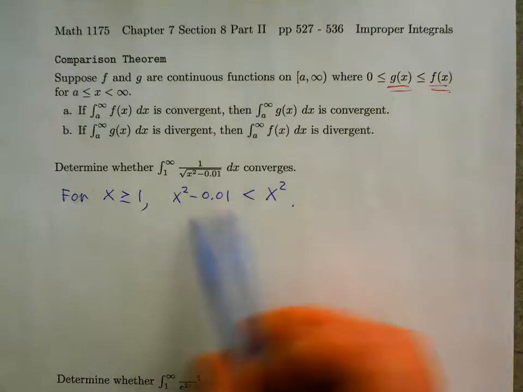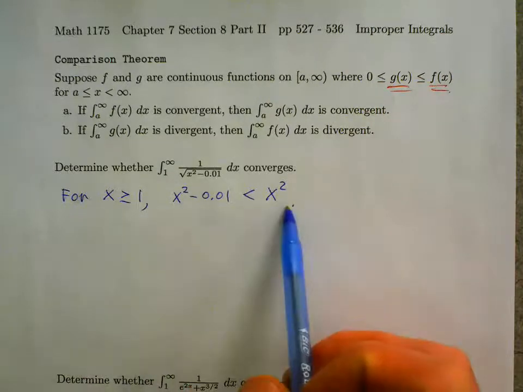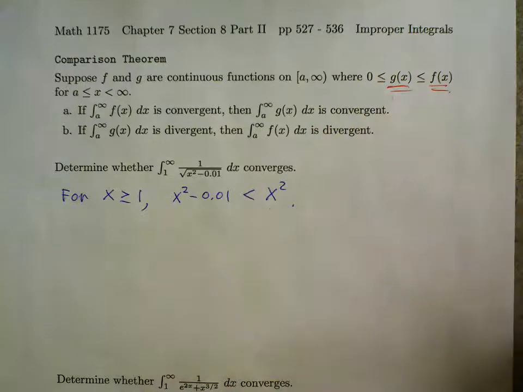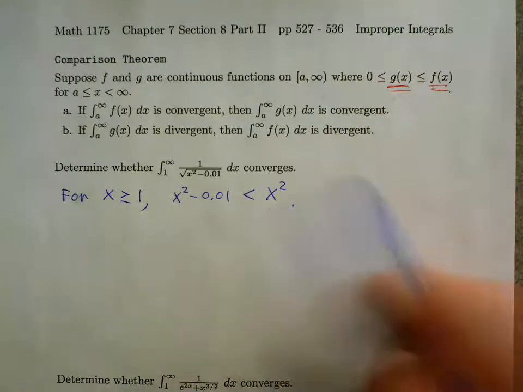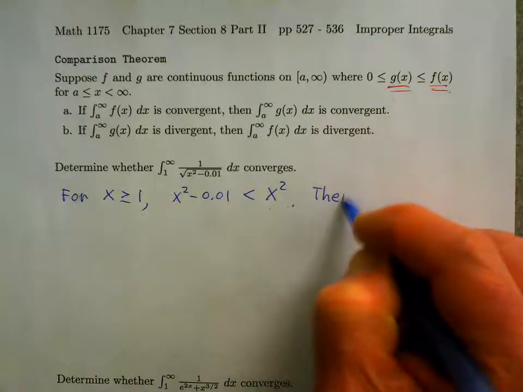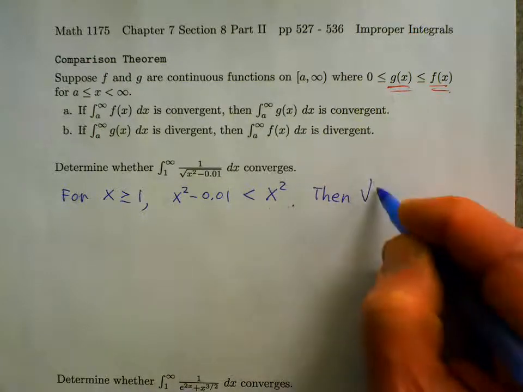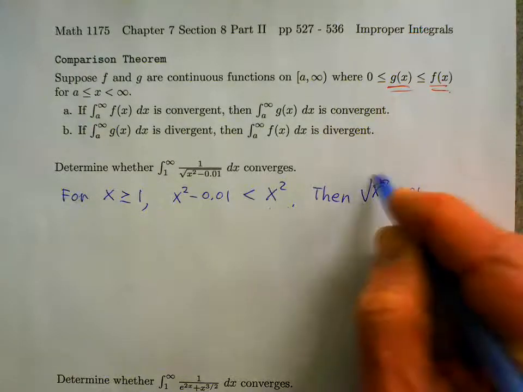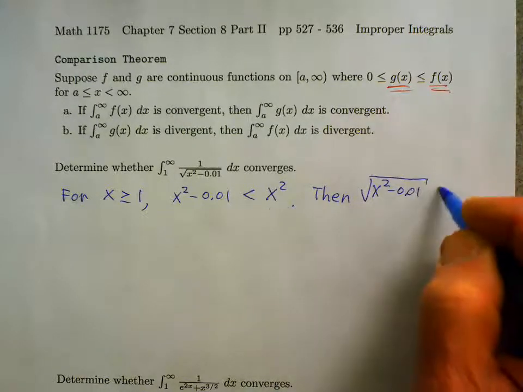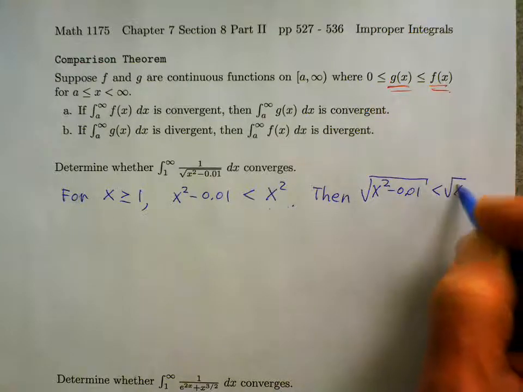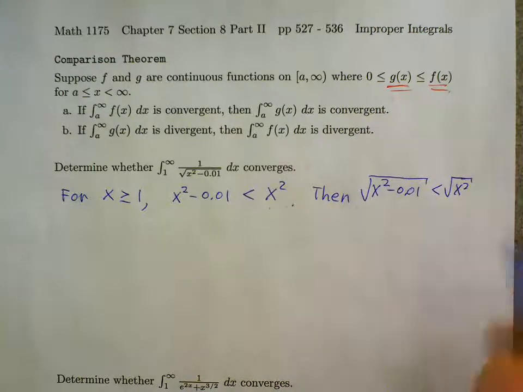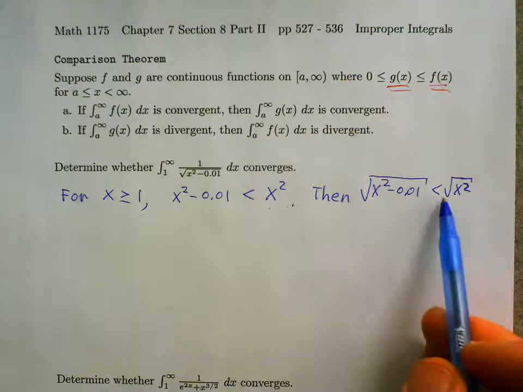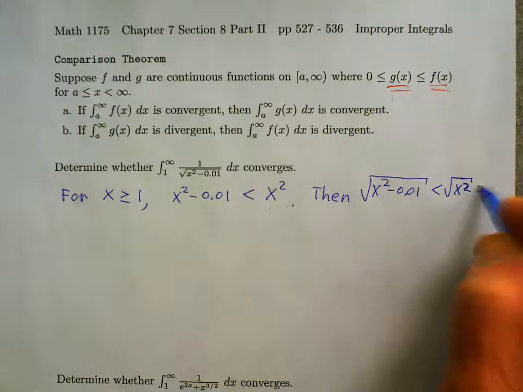Well, both of these are positive, and the square root function is an increasing function, so the square root of x squared minus 0.01 is less than the square root of x squared. But since x is positive, the square root of x squared is just x.